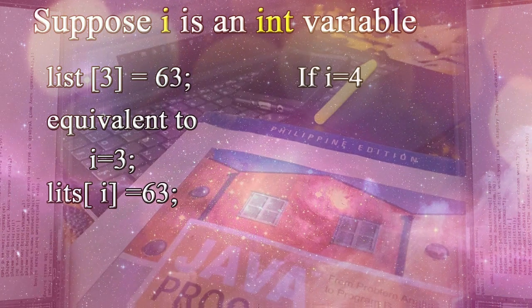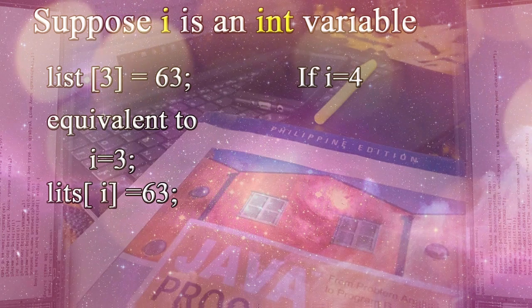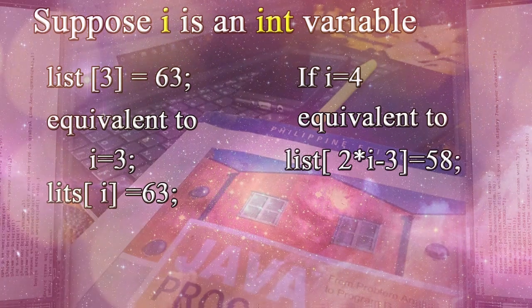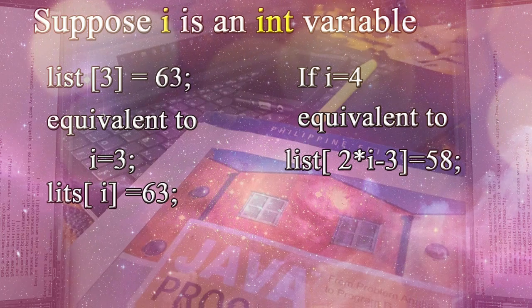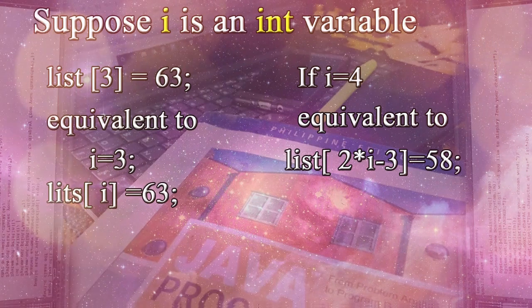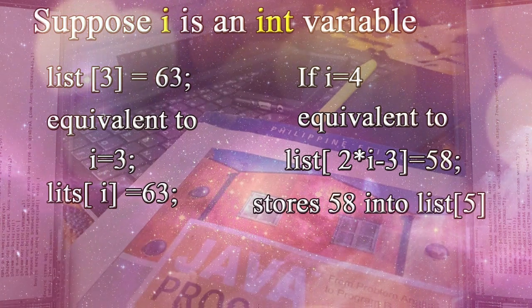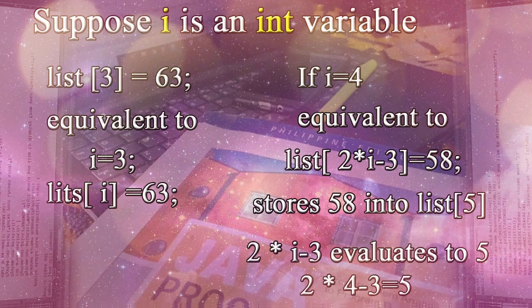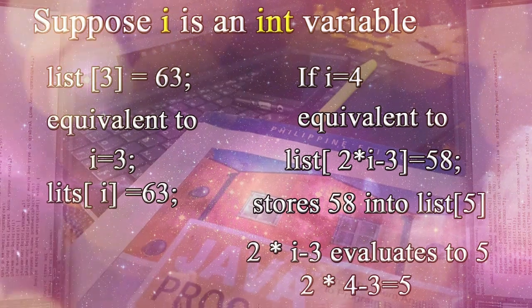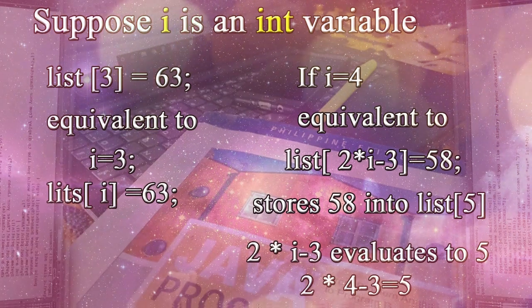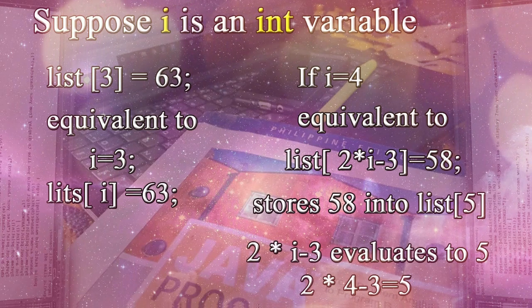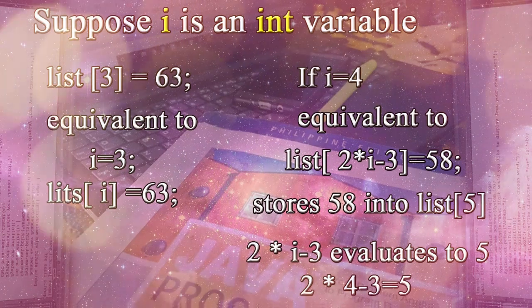If i is equal to 4 and the assignment statement is list[2 * i - 3] = 58, then the statement stores 58 into list[5] because 2 * i - 3 evaluates to 5. The index expression is evaluated first, giving the position of the element in the array.